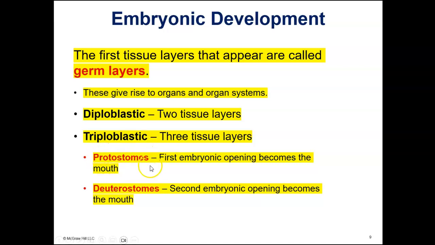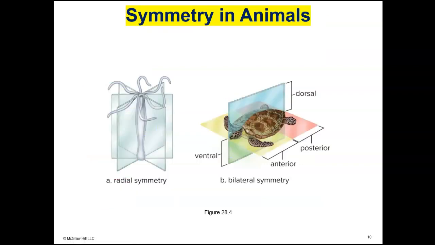Among the triploblastic animals, protostomes are the ones whose first opening becomes their mouth, and deuterostomes are the ones whose second opening becomes the mouth. So in protostomes, the first opening is the mouth, and the second opening is the anus. And in deuterostomes, the first opening is the anus, and the second opening is the mouth.